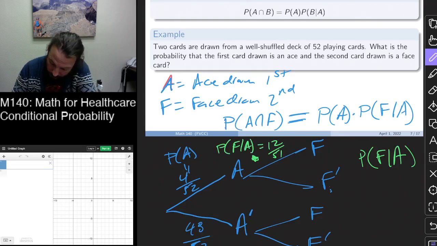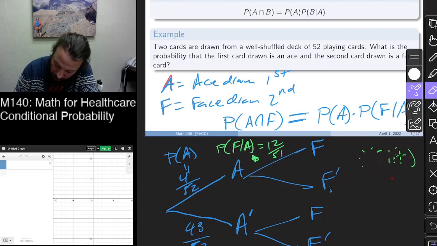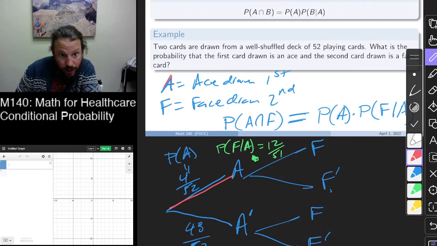All right? And we're interested in the intersection, right? We're trying to find this intersection. We have the formula, so we know how to find it, but visually, let me show what we're doing here. We know we got an ace first, so I think of walking along that edge to get to that A, and then a face card second, so that path.